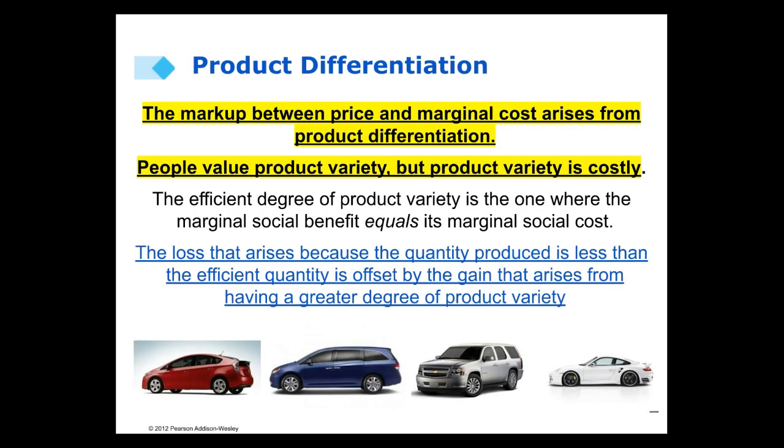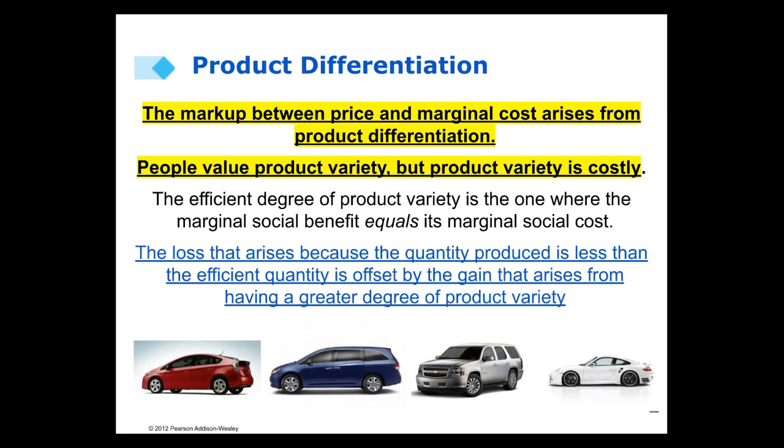The answer to the question is product differentiation. The markup between the price and the marginal cost that arises from product differentiation is because people value product variety. But this product variety has a cost. There's a cost and a benefit to everything. So having differentiated products, having some amount of product variety to choose from, is a benefit, and it also has a cost.